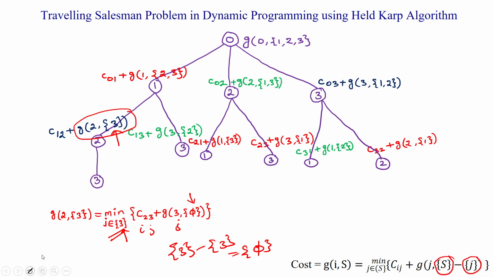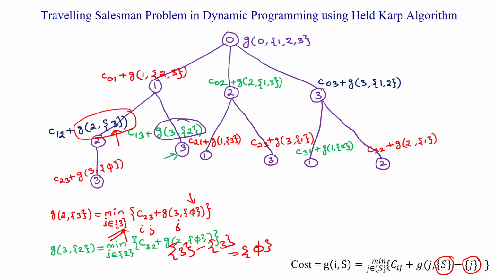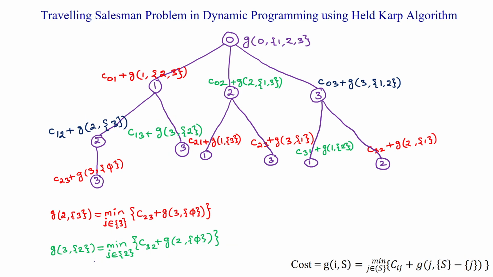After this, here we are going to select the next option. Here you are at the 3, you are having only one option, that option is this sub problem. So we have to calculate here g of 3 comma, subset is 2. So when the subset is 2, you are having only one j value, 2.